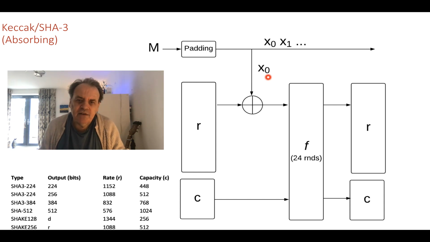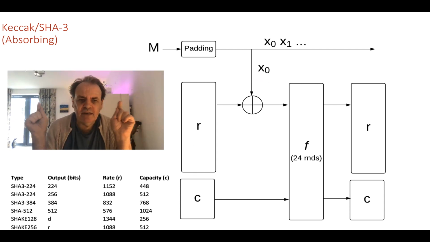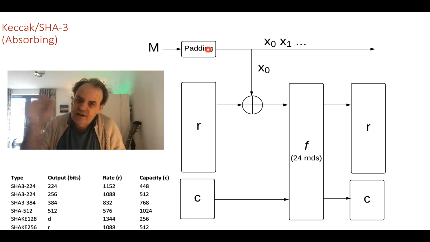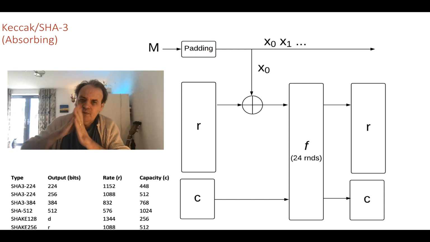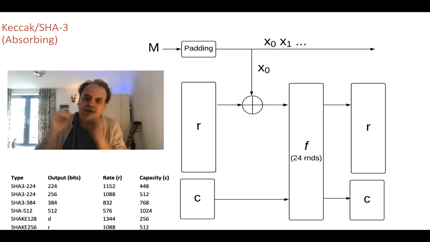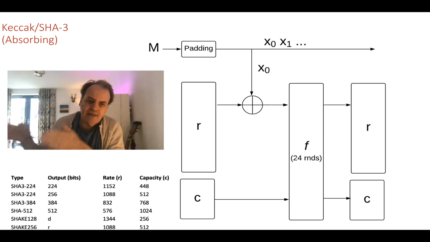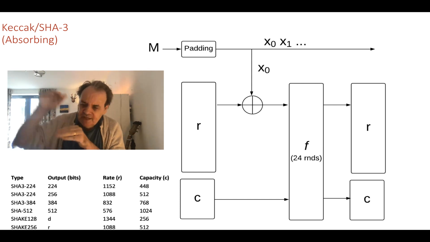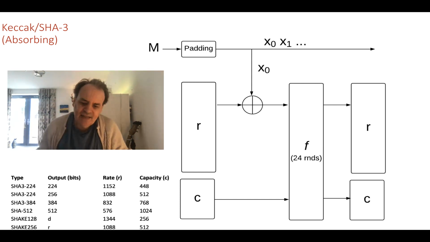So we'll take our first part of the data as 1152 here, and then any other bits that we've got, maybe we're looking at a large file, we would chunk it up into 1152 bit chunks and then would pad at the end.